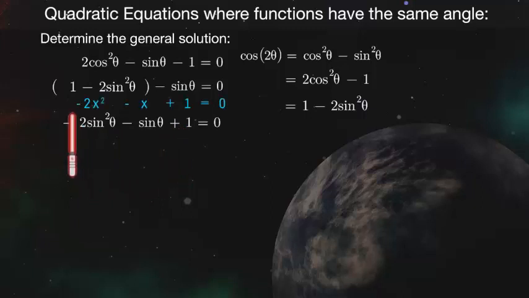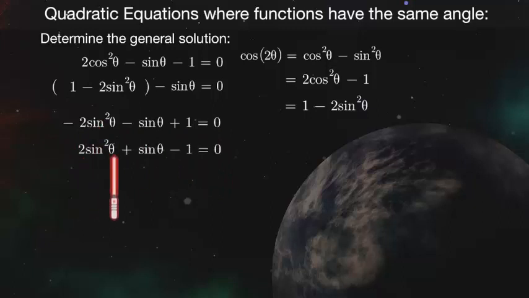This is the same as minus 2x squared minus x plus 1, which is a proper trinomial. So we don't want this minus here, so I'm going to multiply or divide by a minus all the way through. I'm allowed to do it because it's an equation. So I end up with 2 sine squared theta plus sine theta minus 1 equals 0. And now I can solve this as a trinomial normally.